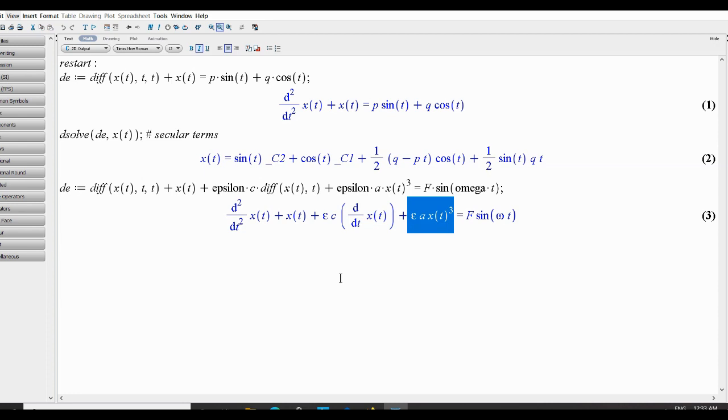Okay, let me try a solution. Now my assumption is that because the forcing is sine omega t, there is a solution with the same period. Remember, we did the same already with harmonic balance.